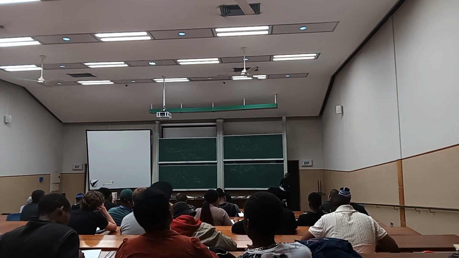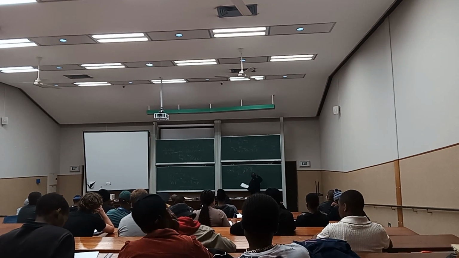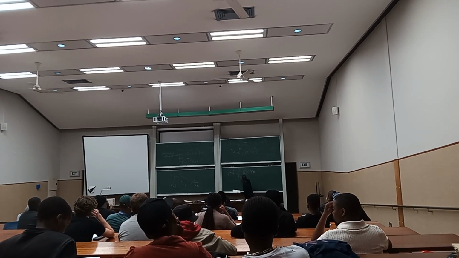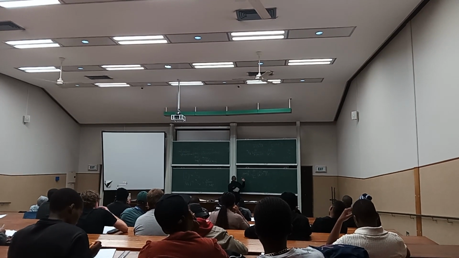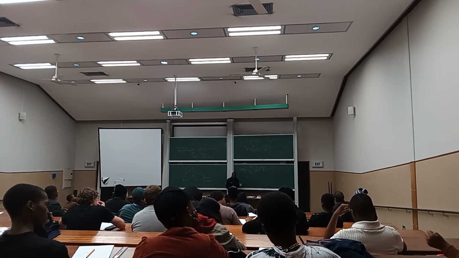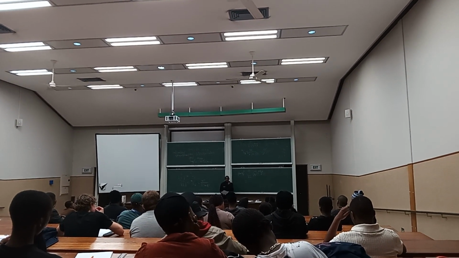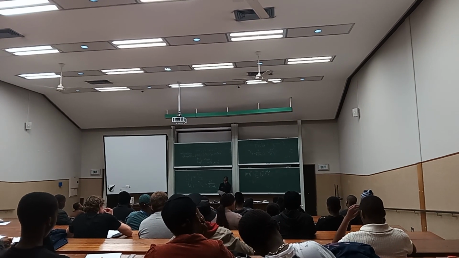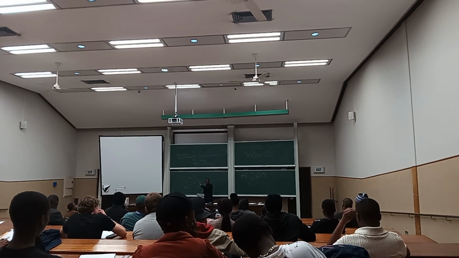Okay, if I want to expand this now, the summation is from 0 up to n. So I need to do it for k equal to 0, k equal to 1, k equal to 2, k equal to 3, up to k equal to n.